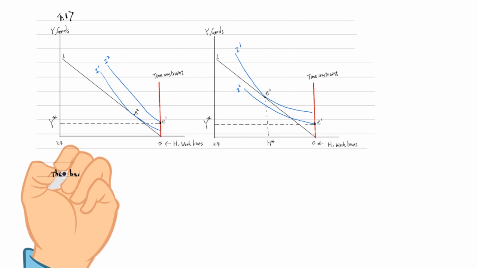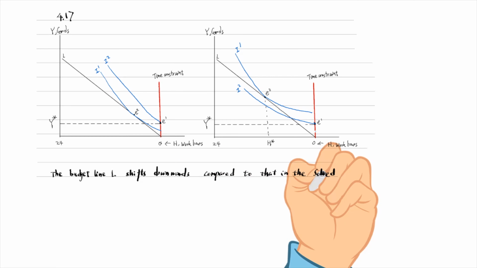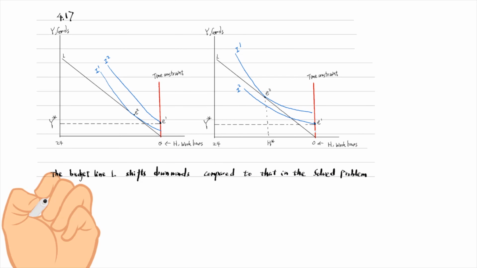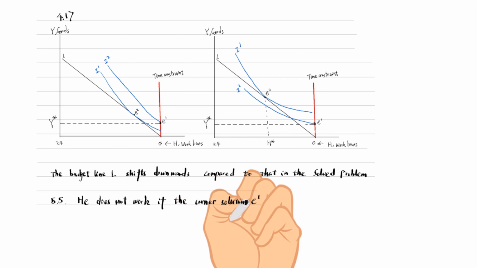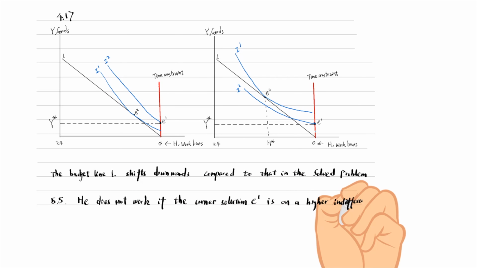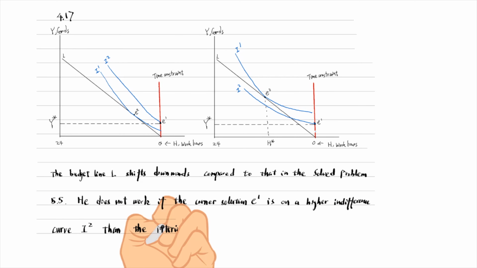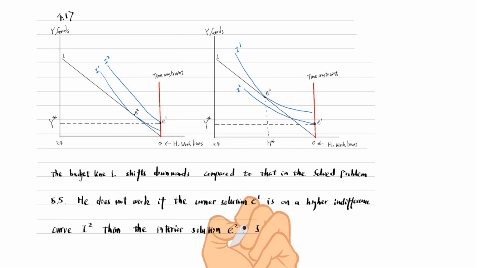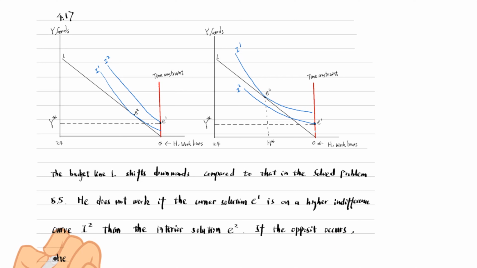The budget line L shifts downwards compared to that in solved problem 5.5. He does not work if the corner solution E1 is on a higher indifference curve than the interior solution E2. If the opposite occurs, he chooses to work H star hours.